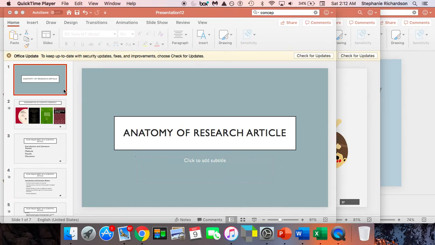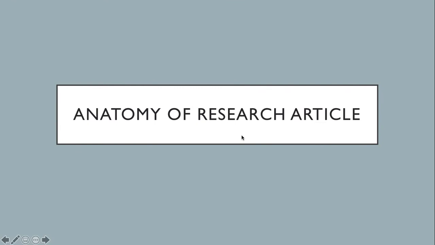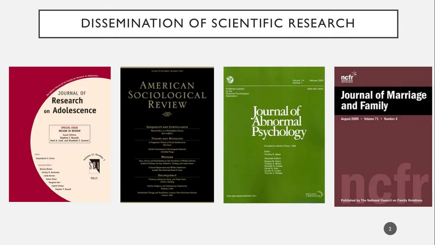Okay, so today we're going to be talking about the anatomy of a research article. When we do research, a lot of times we're not just trying to understand what happens, we're trying to further the research.